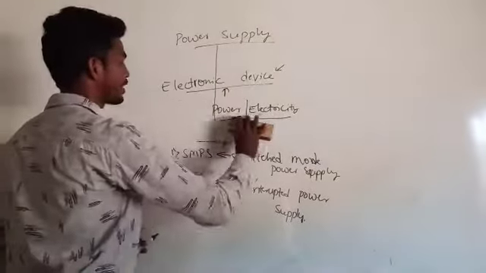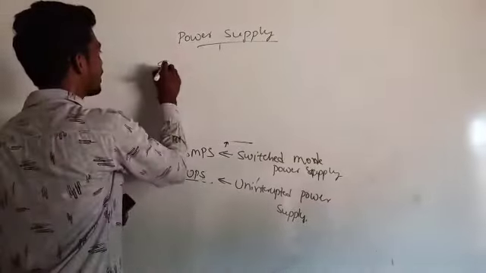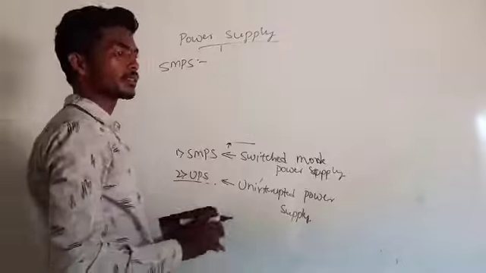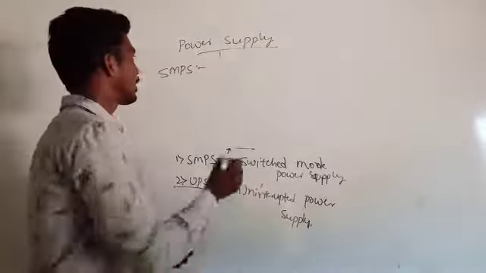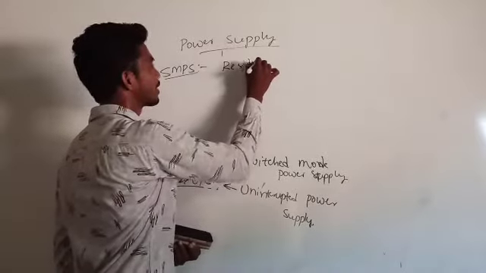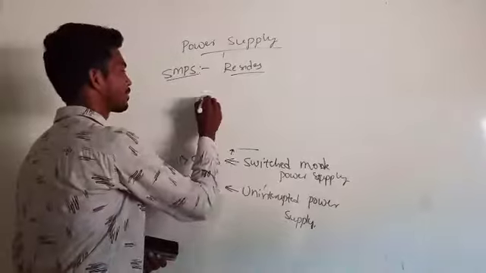First one is the SMPS. Have you seen a metal box at the rear end of a CPU? SMPS resides at the rear end of the CPU. It looks like this.